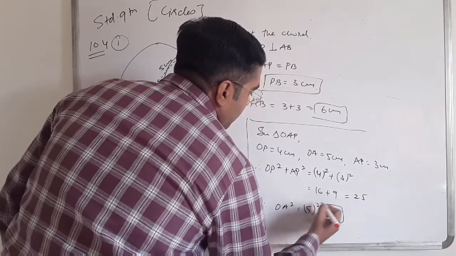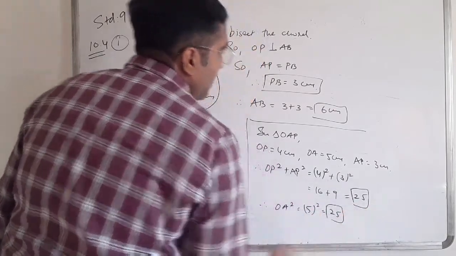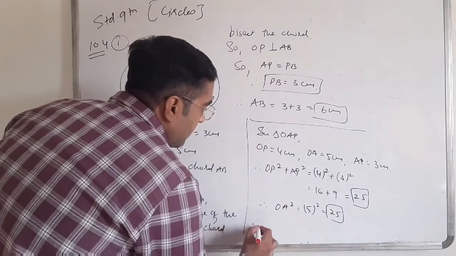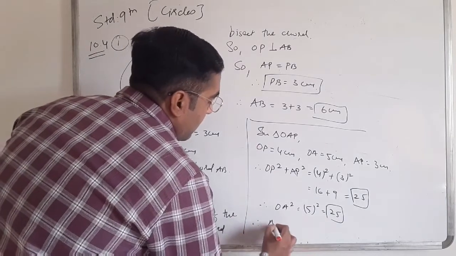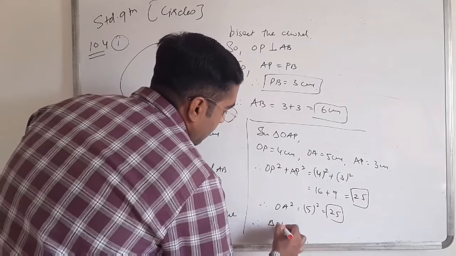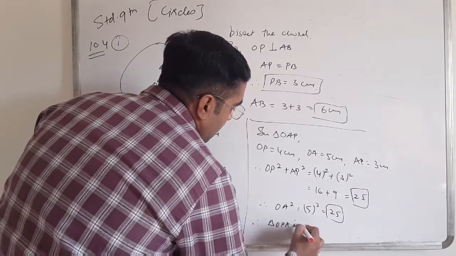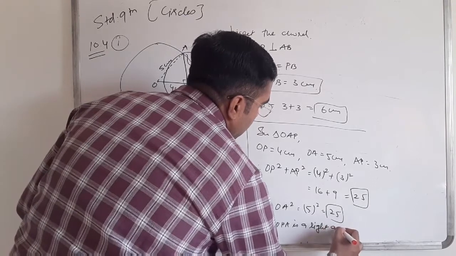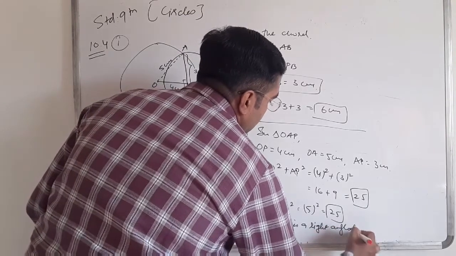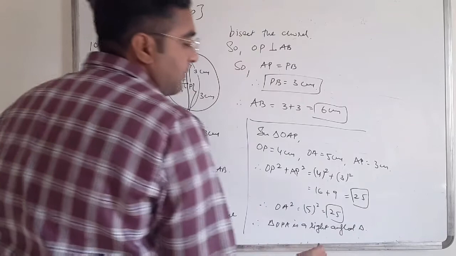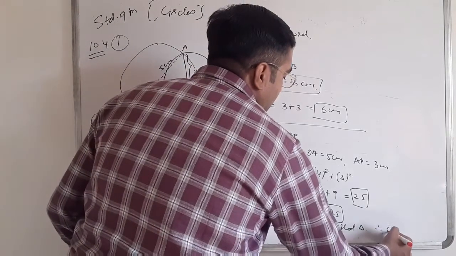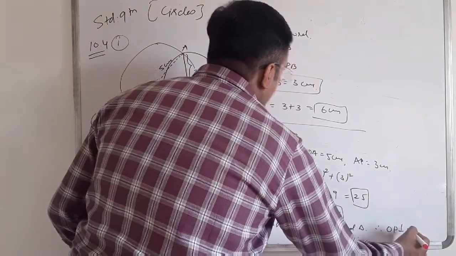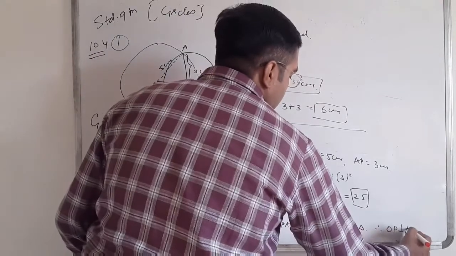So therefore triangle OPA is a right angle triangle, therefore we have to take OP as perpendicular to AB.